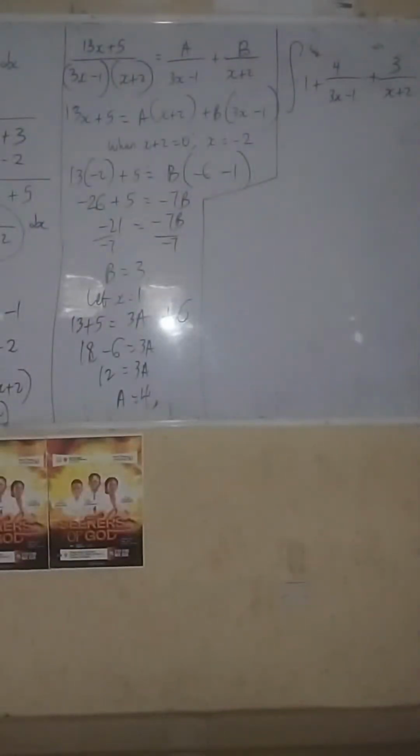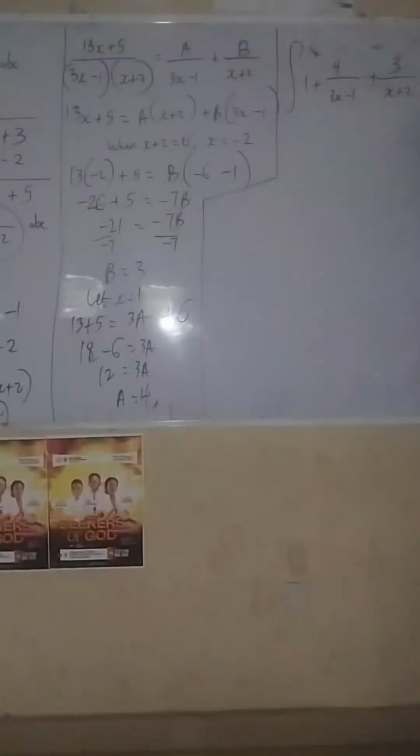Now, assuming a is a fraction, say a is 4 over 3, that means the 4 will be up, then the 3 will be down into a bracket of the denominator. Just in case you see a question like that. And assuming b is minus 3, the sign in between will be minus. So note those things.